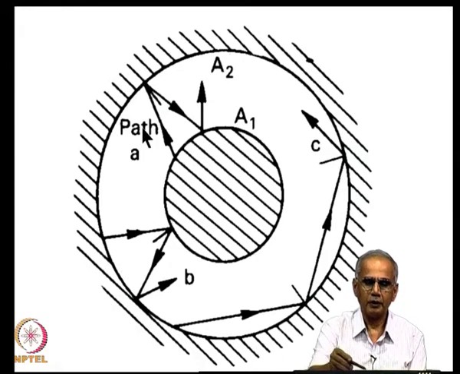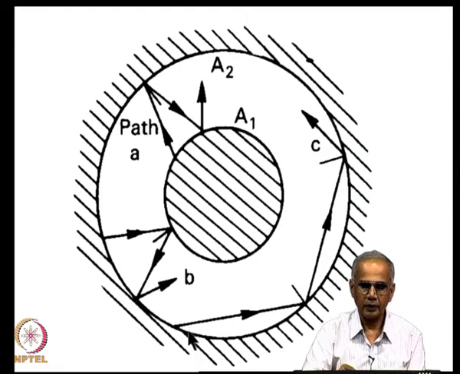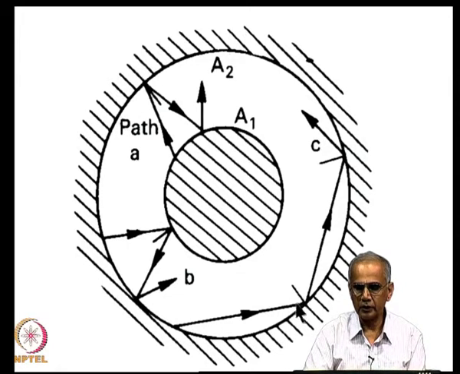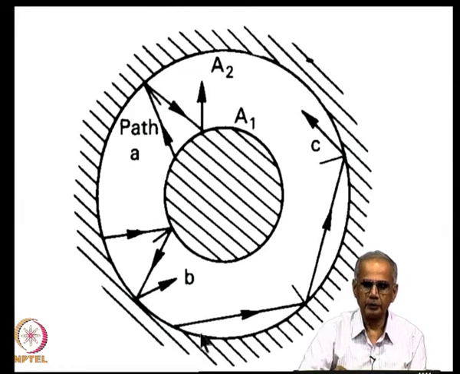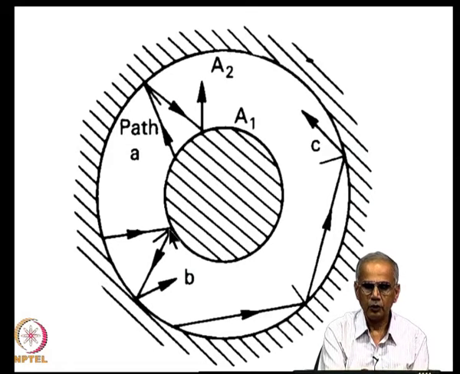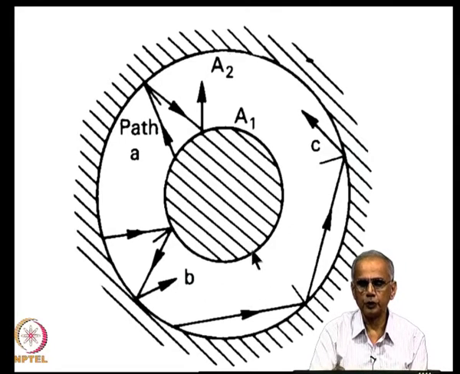The geometry of the problem demands that some of the rays which are reflected by the outer surface will continue to be in this path only, while the other ray whose angle is smaller hits surface 1 and will keep bouncing between surface 1 and 2.